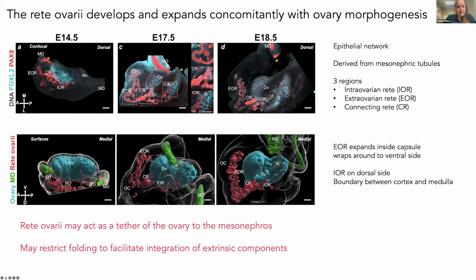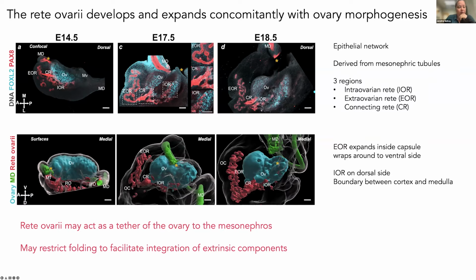And when we look at these in the context of ovary morphogenesis, we found some interesting correlations where the extra-ovarian rete truly expands within the ovarian capsule as the ovary becomes encapsulated. The intra-ovarian rete always remains firmly embedded inside of the ovarian domain, and the shape of the intra-ovarian rete actually follows the shape of the ovary as it folds.